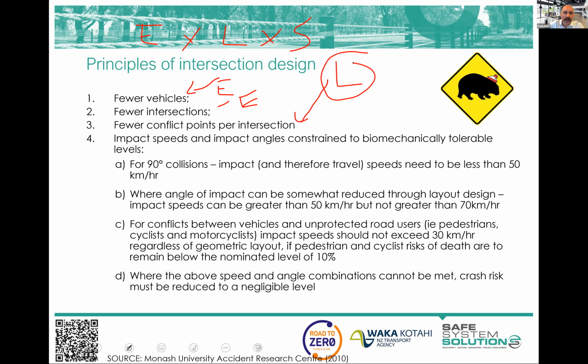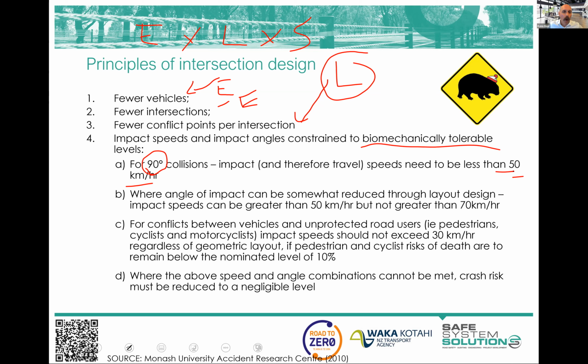We're assuming crashes happen. And we're talking about the biomechanically tolerable levels. And you see there that we're starting to talk about angle. This is for passenger vehicle, and speed. And angle and speed are big determiners of severity when we're talking about passenger vehicles and intersection design.